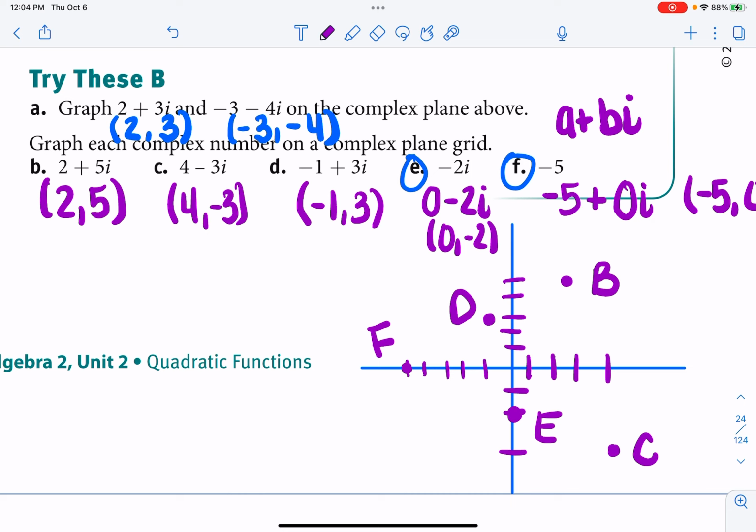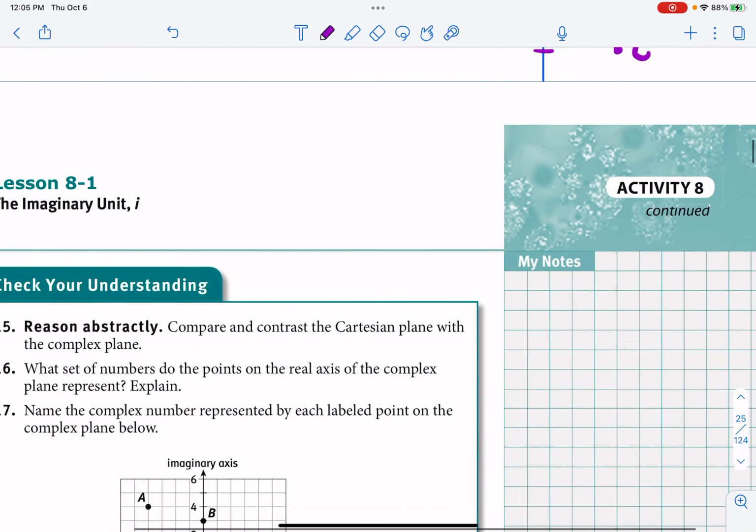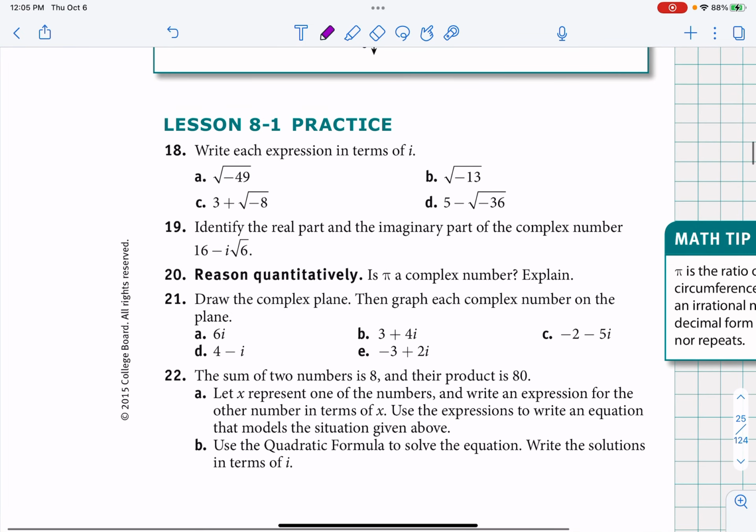Okay, so that's our whole introduction to the imaginary numbers and the complex plane. Tomorrow and Tuesday, we're going to be discussing what it means to simplify i squareds and i cubes. But for right now, here's what I would recommend. I'm not going to give you guys this as homework, but I would recommend doing 18 and also 21, okay, just for practice.